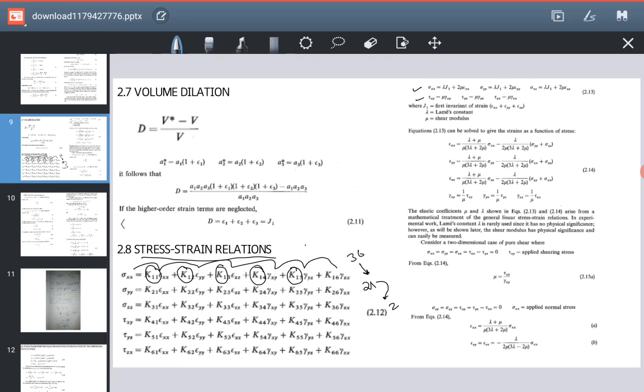Sorry. We can reduce these constants into just two constants, which I guess are Lamé's constants.